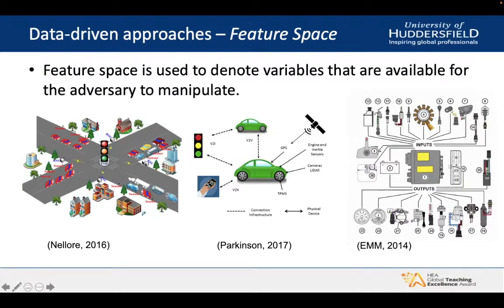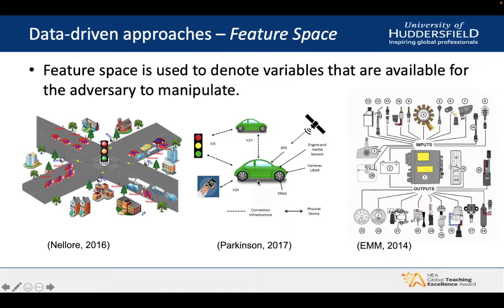Where we're thinking of some things which are open to being manipulated. So we've got sensors on vehicles, we've got the traffic management controller in the middle and the communication between them. All these different points provide a feature of the system which can be vulnerable to attack.